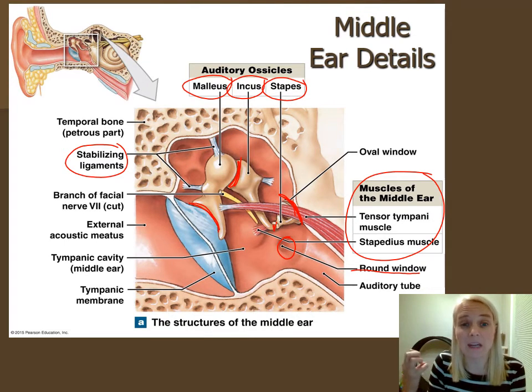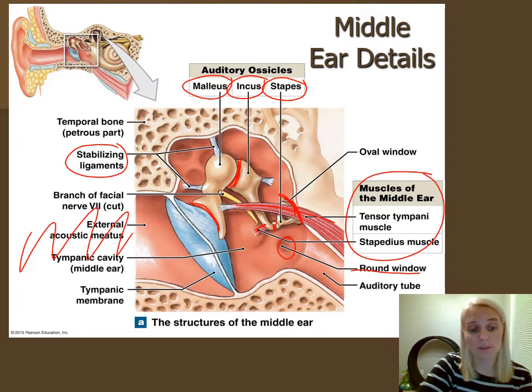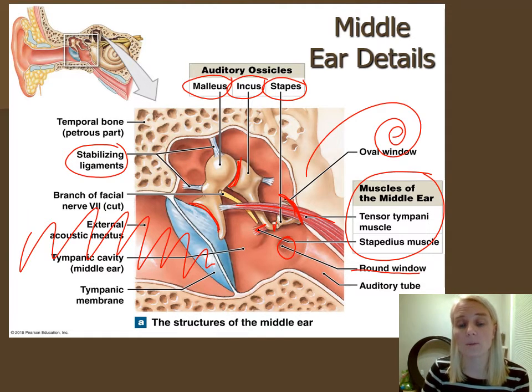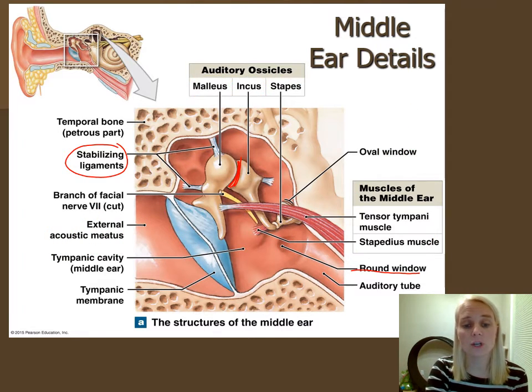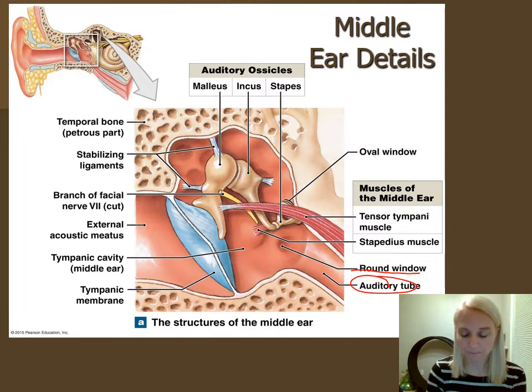If you are anticipating a loud sound like fireworks or a gunshot or loud music, these muscles will contract and tense up, and when the loud sound wave comes in, it keeps those bones from vibrating too much and causing damage to the cochlea, which is the hearing part of your inner ear. So those muscles are protective in their function, in that they keep you from getting hearing loss and hearing damage, which is kind of nice. And then here's that opening of the auditory tube down there. All right, so those are the details of the middle ear.